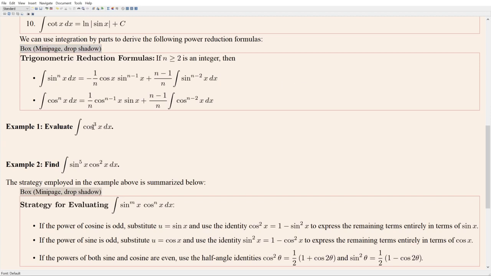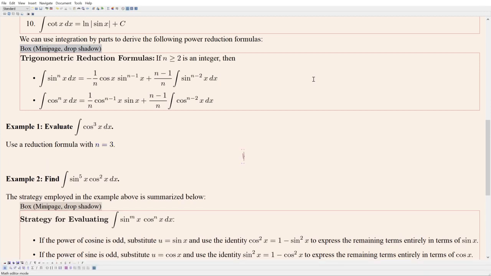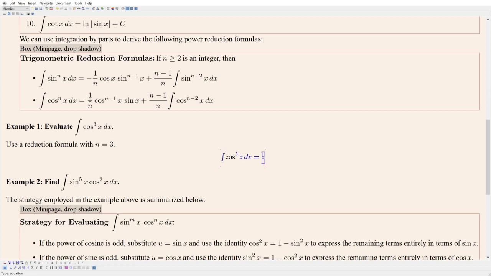So let's see, we've got cosine cubed. So let's use this formula here with n equal to 3. So 1 over n, so that's 1 over 3.